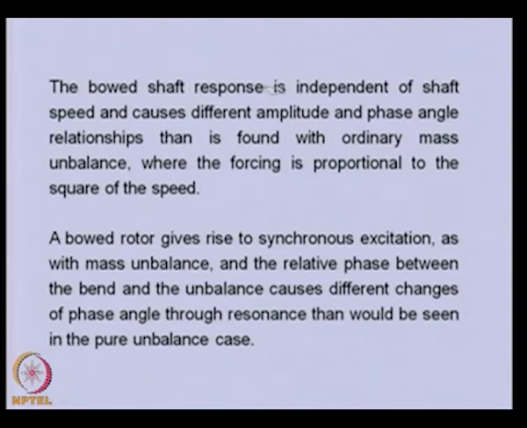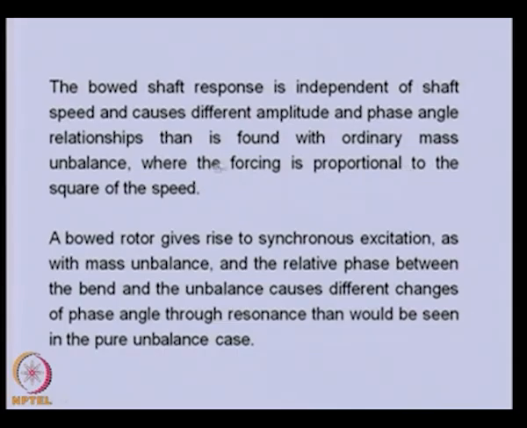Bowed shaft response is independent of the shaft speed. This is very important to observe. It causes a different amplitude and phase angle relationship than is found with ordinary mass unbalance, where the forcing is proportional to the square of the speed.